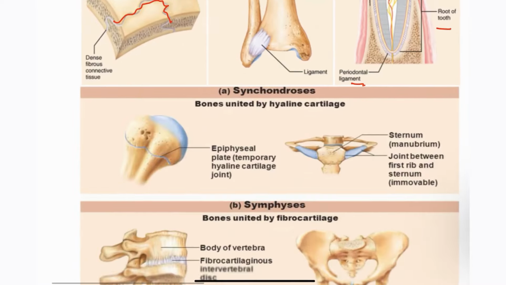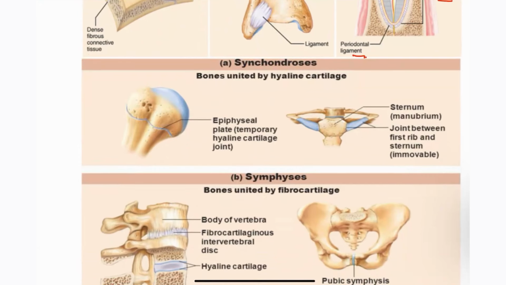Next, another type is the cartilaginous joint. Cartilaginous joints are slightly movable. Here you can see these both belong to the cartilaginous joints. The examples are synchondrosis and symphysis. Synchondrosis is united by hyaline cartilage.